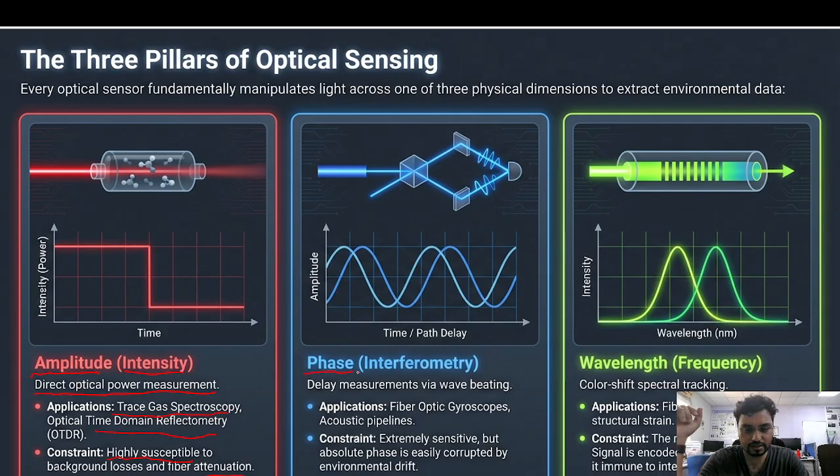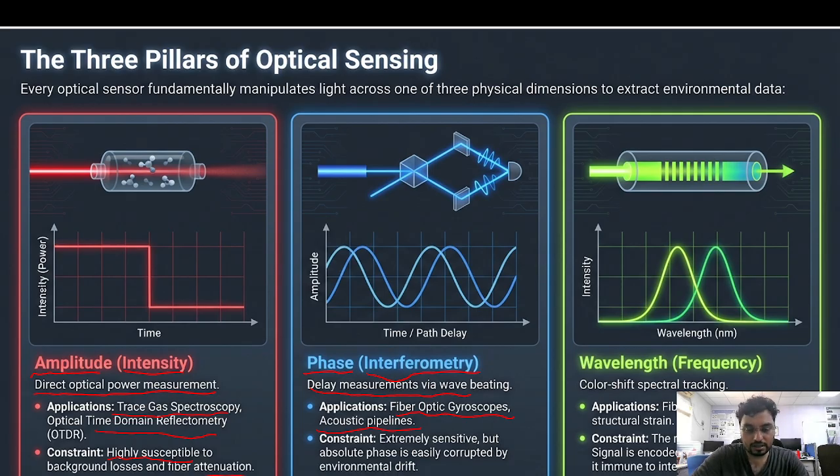Now moving towards the next modulation, which is phase or interferometry. In this, delay measurement via wave beating is done, and the application is the fiber optic gyroscope. We have already discussed this gyroscope, and acoustic pipelines have also been discussed.